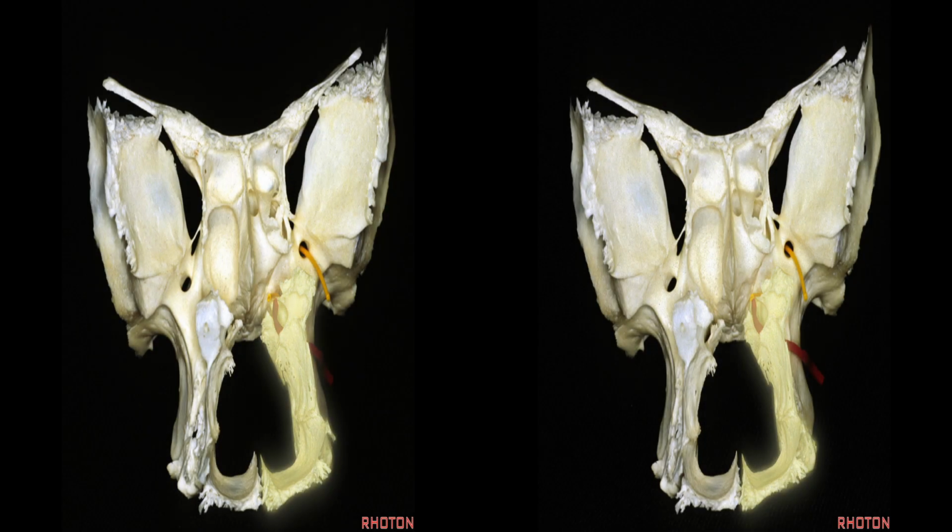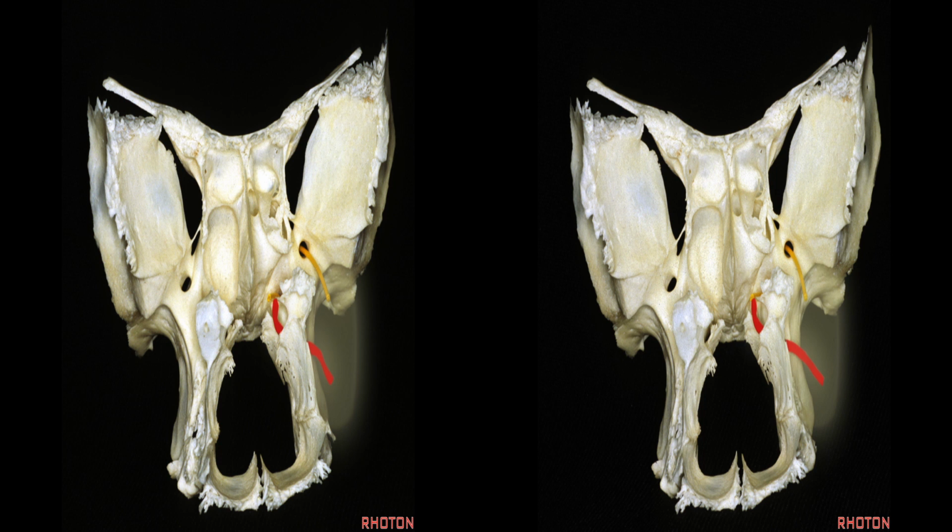So here we see palatine bone forming medial wall of pterygopalatine fossa. This is what nerve passing forward? V2, and coming from infratemporal and pterygopalatine fossa is a branch of the maxillary artery that supplies the nasal cavity.